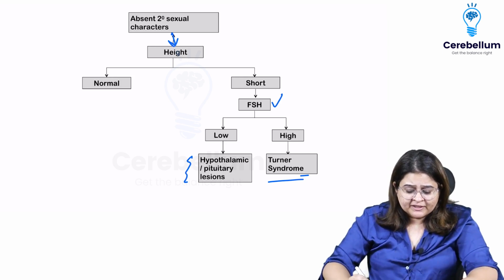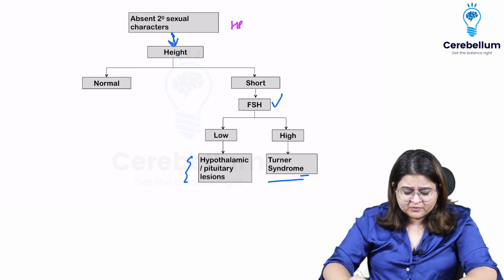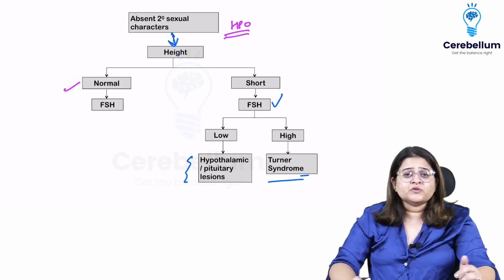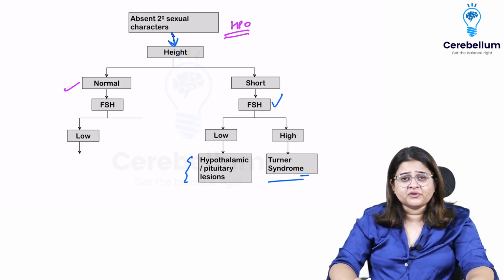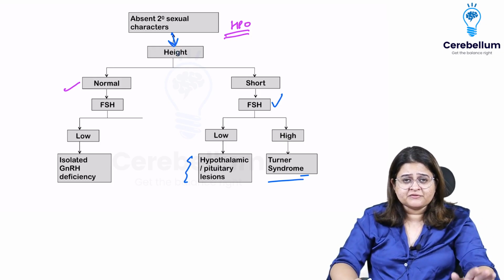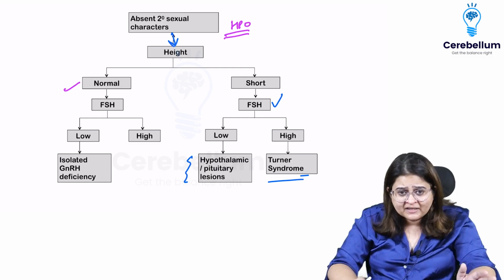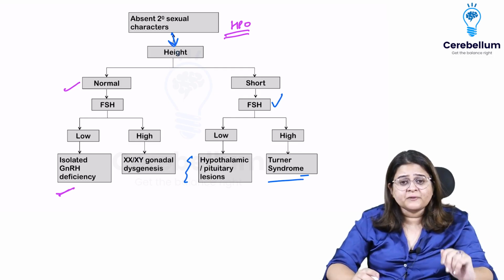The height being normal, we will still do an FSH to determine if the problem is in the ovaries or in the hypothalamus-pituitary. If it's in the ovaries, the FSH is going to be high, and if it's in the hypothalamus-pituitary, the FSH is going to be low.